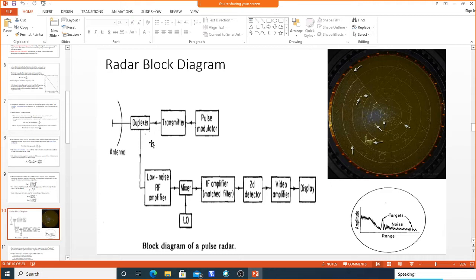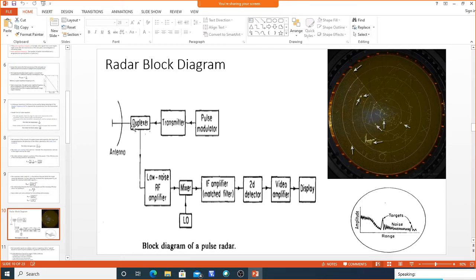This duplexer can also be operated like diode switches or other switching devices. As I said, the function of the duplexer is to control transmission and reception. Whenever it transmits, the signal goes to the target, and when it is reflected by the target, the received echo signal is received by the antenna.